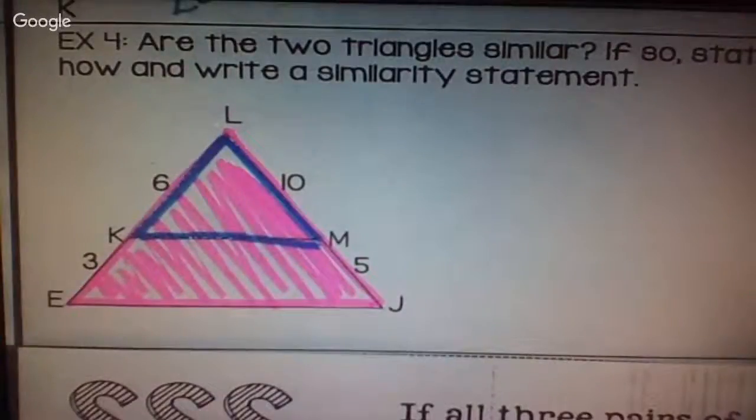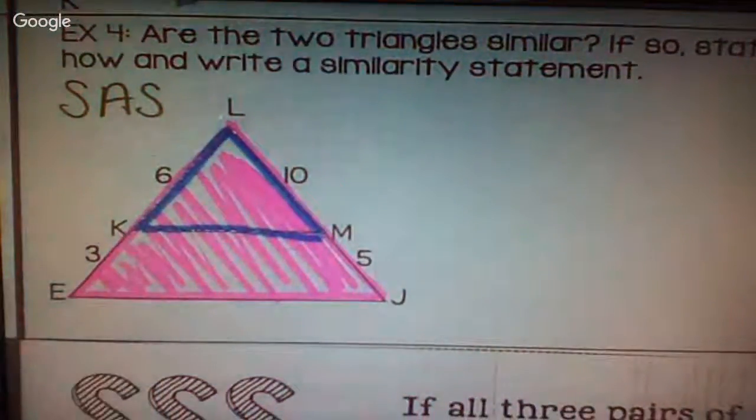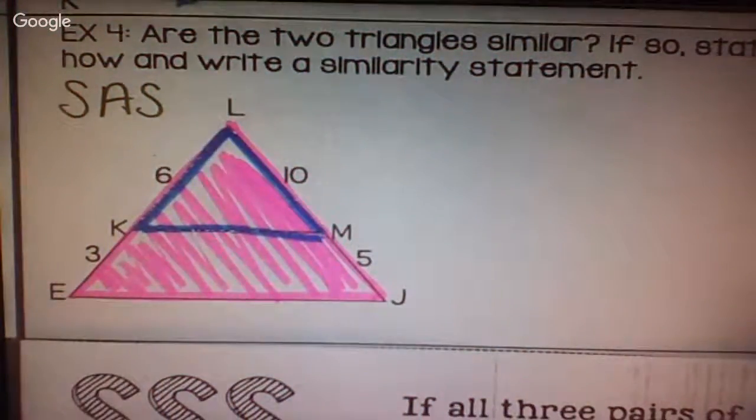Okay, remember, we are trying to do side, angle, side. So these triangles must have an angle that is the same. Where is it? L is the same.